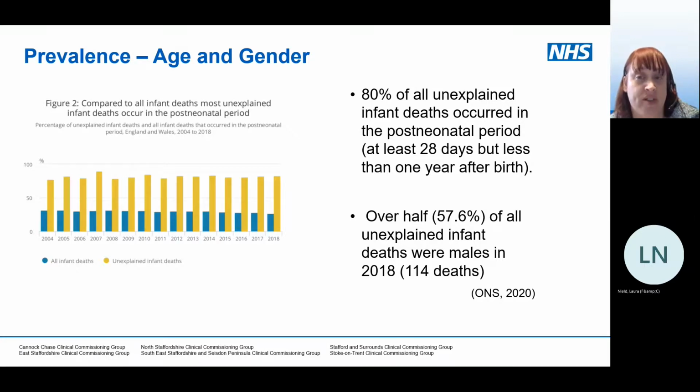So that's where the majority of the deaths occur, and over half of unexplained infant deaths were in males. Those are figures from 2018. The 2019 figures weren't split yet into male and female. In fact, that is consistent with all infant deaths. So it's not just in the unexplained deaths that over half occur in males.